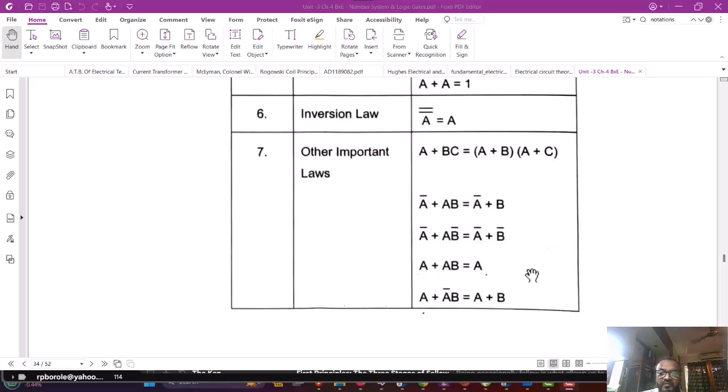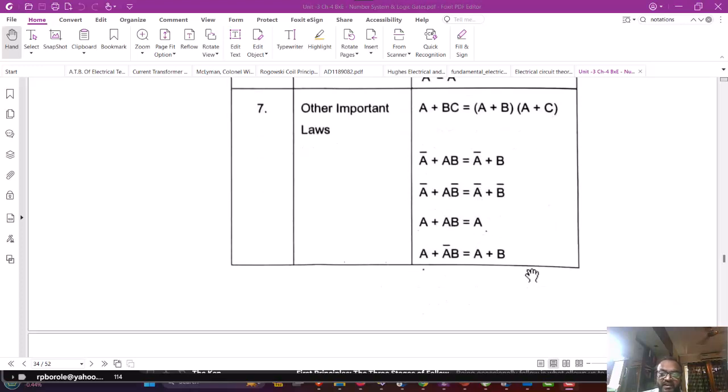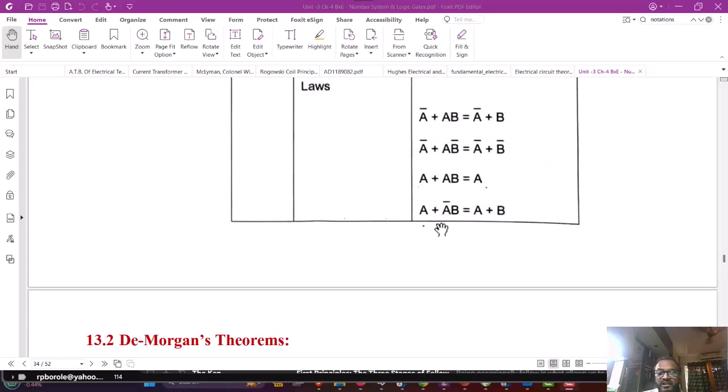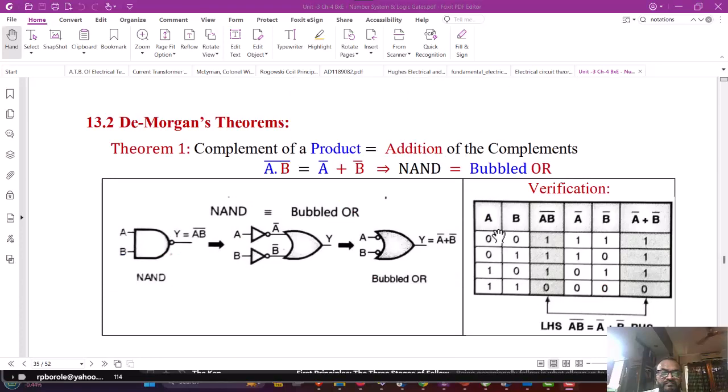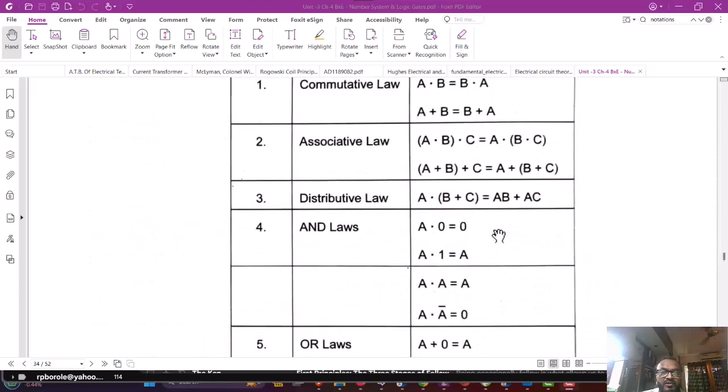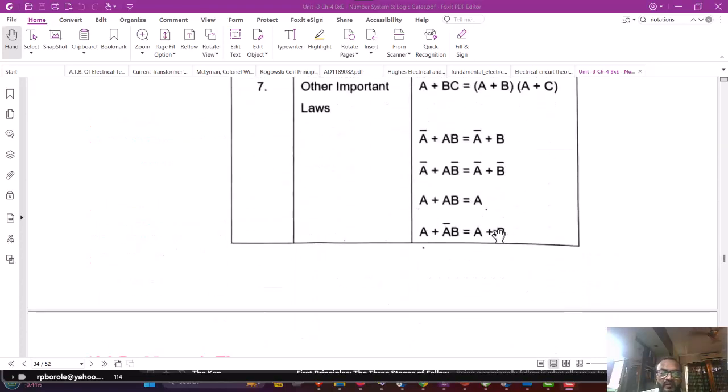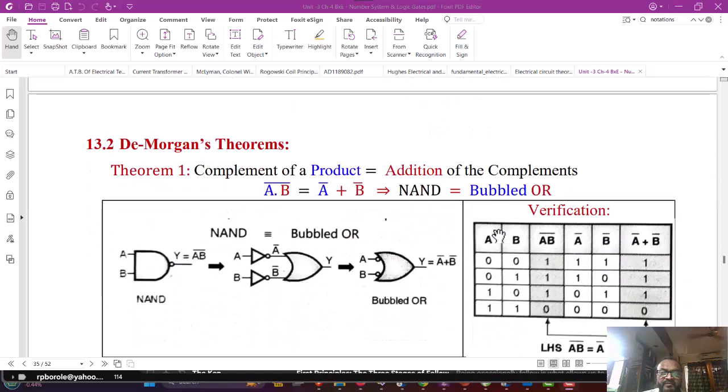A or AB is equal to A. A or A bar B is equal to A or B. These are some laws that are suitable for simplification of complex Boolean expressions.